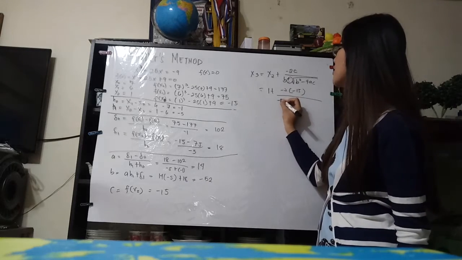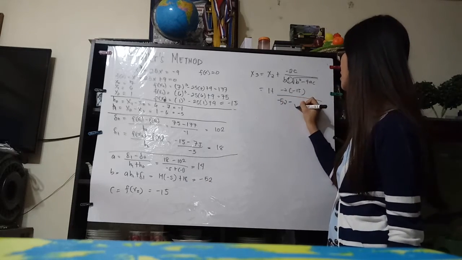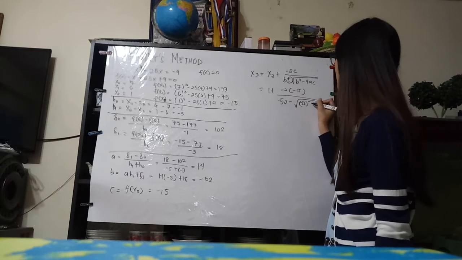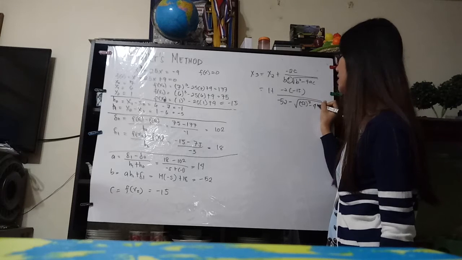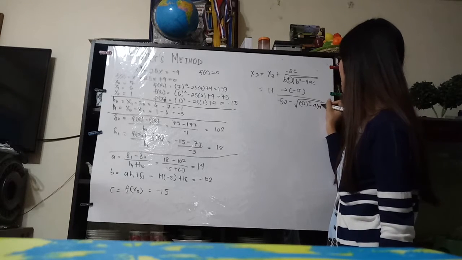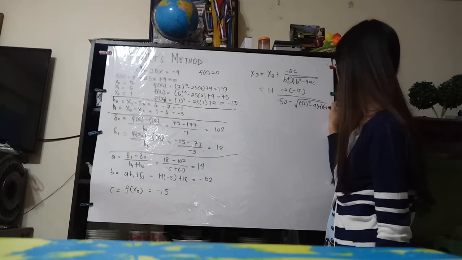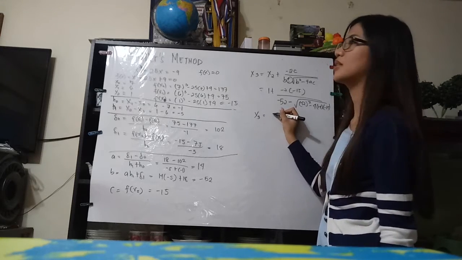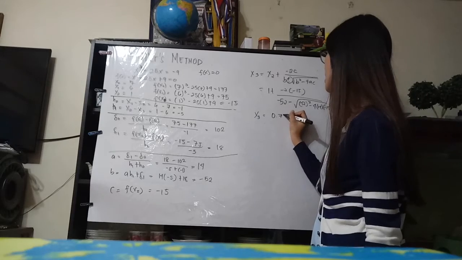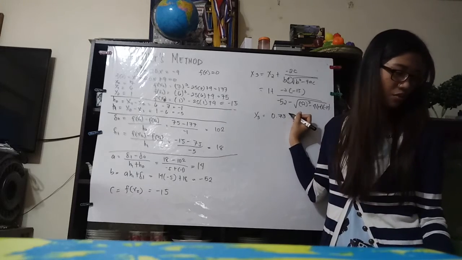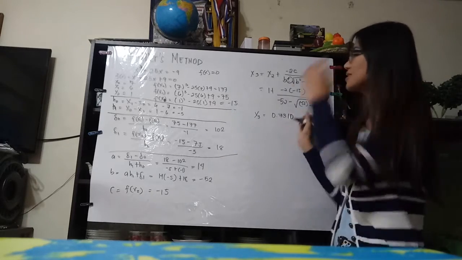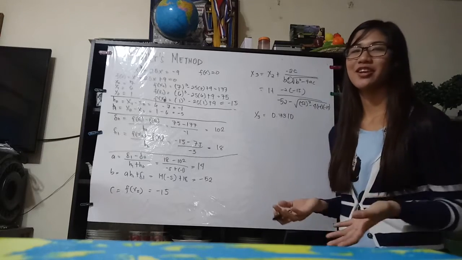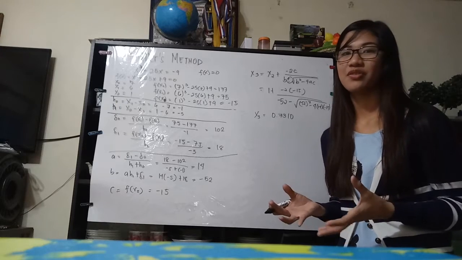Since this is negative 52, we will put negative here, and then b squared, negative 52 squared, minus 4 times a, which is 14, and then c is negative 15. Our x3 would approximately be 0.7310.